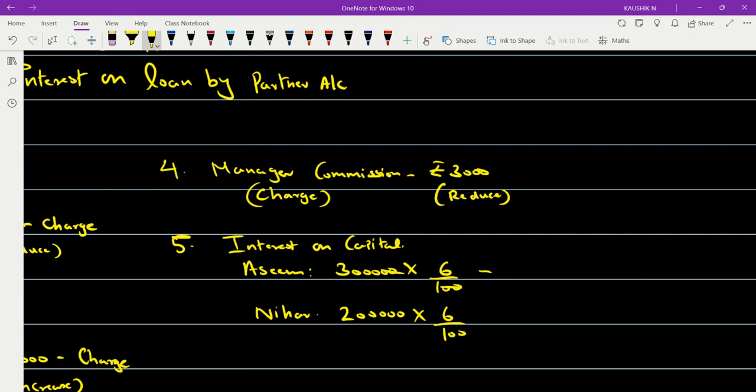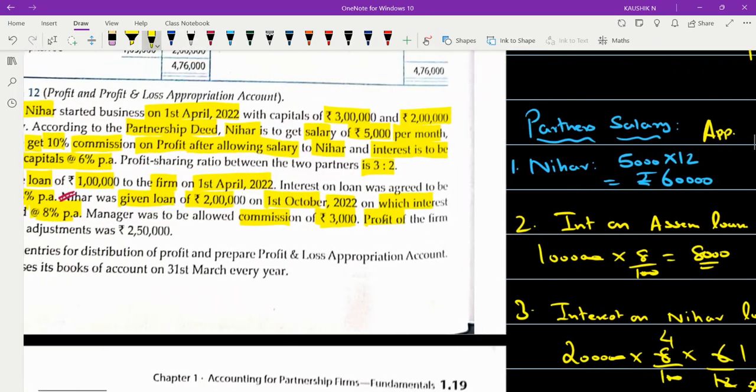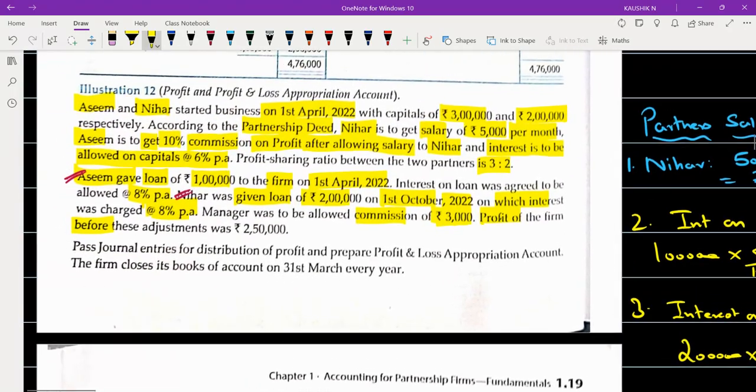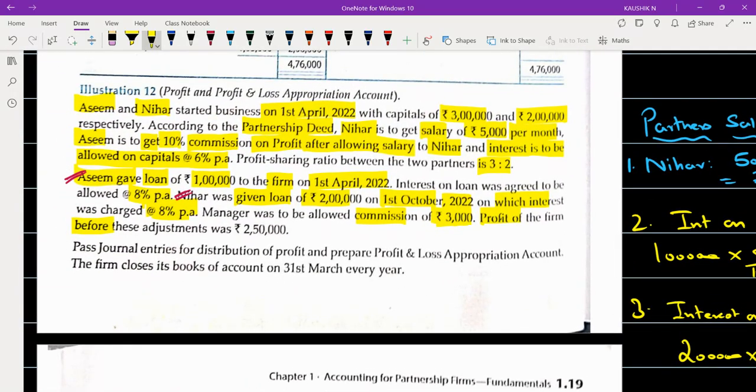Cancel the common zeros, rupees 18,000, and over here it will be rupees how much? 12,000. Now tell me, this interest on capital is a charge or appropriation as per this problem is concerned. According to this problem, tell me whether it is a charge or appropriation.